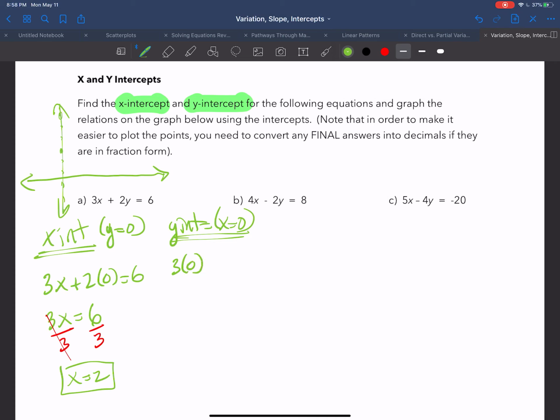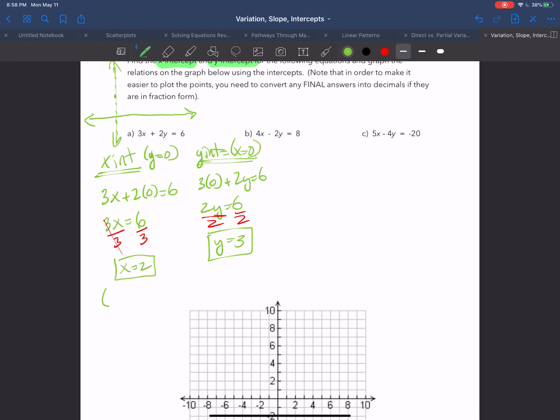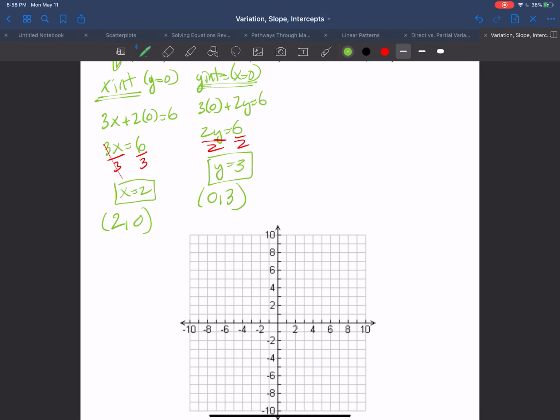So in my equation, if I change x to 0, y is still there. And I solve for y. I get 2y is equal to 6. Divide out the 2. Y is equal to 3. So I found my x and y intercept. In other words, I have 2 points. 2, 0 and 0, 3.